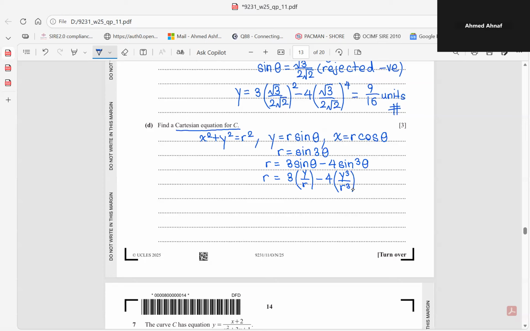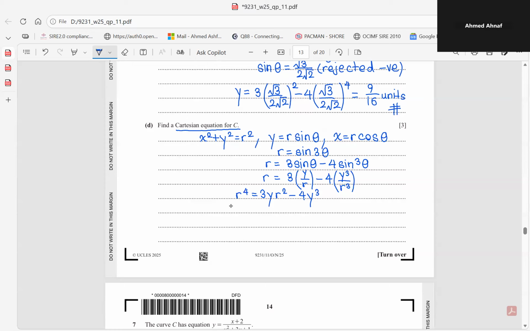And now let's get rid of the denominator, r cubed, by multiplying by r cubed on both sides. You'll get r to the power of 4 equals to 3 times y times r squared minus 4y cubed.